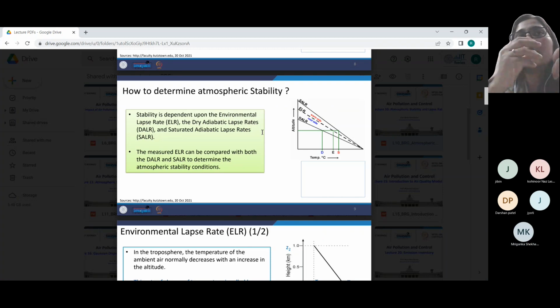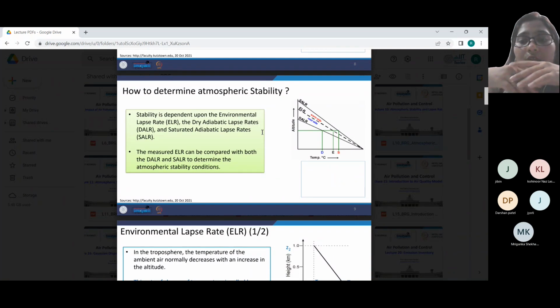Now, what is ALR? What is adiabatic lapse rate? What were we talking about just now? We were talking about the ambient environment. Now we are coming back to our air parcel that we were talking about. As soon as it moves upwards, its temperature will also decrease.